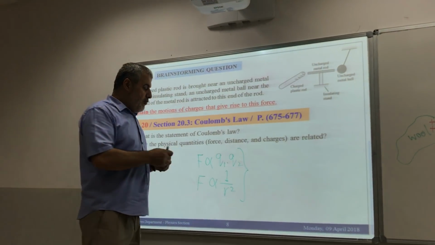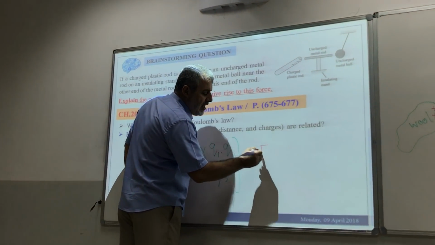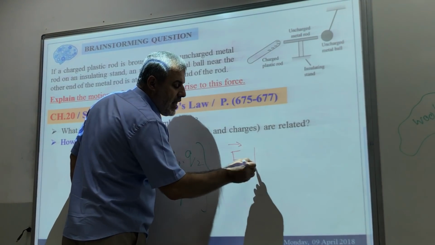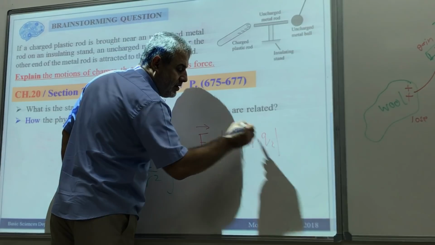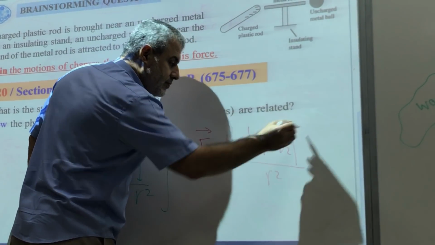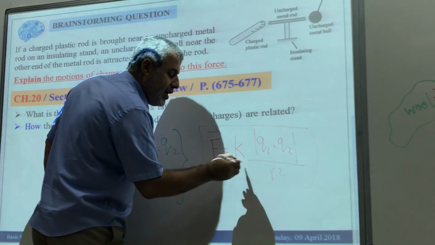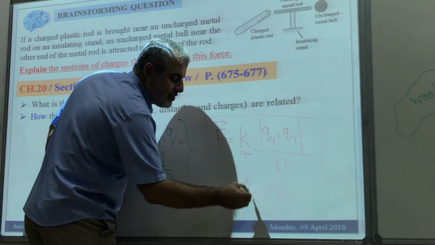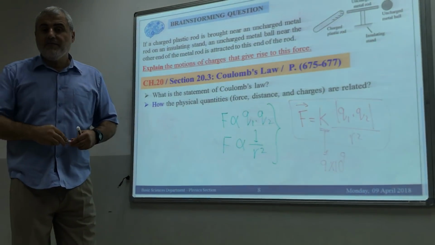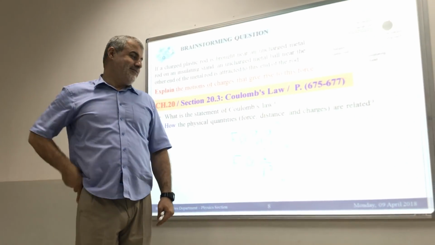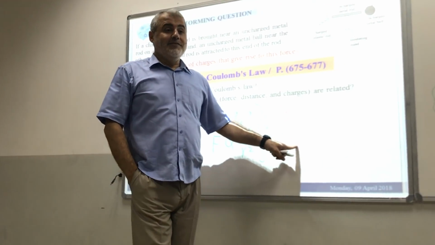Okay? So if we write this in the form, F is equal to K |Q1| |Q2| over r squared. K is a constant, it's called 9 times 10 to the power 9. I have a question now. You remember this formula, right?